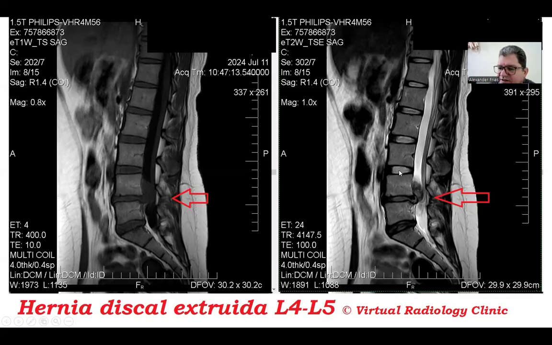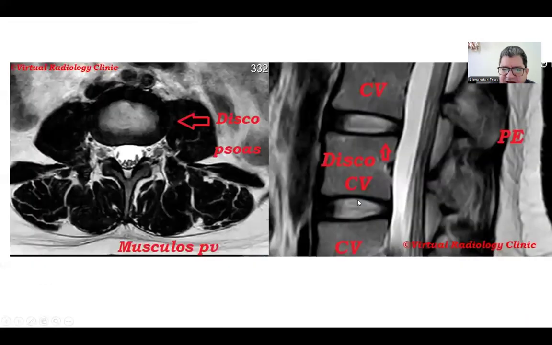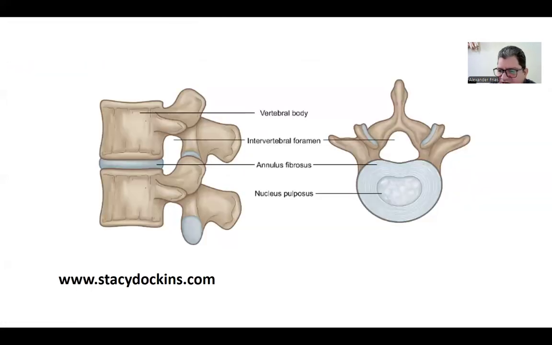Then in the evolution of this disease, the water inside is lost, the disc dehydrates and decreases in height like this one, and here some gap starts to appear, and the nucleus tries to go out.